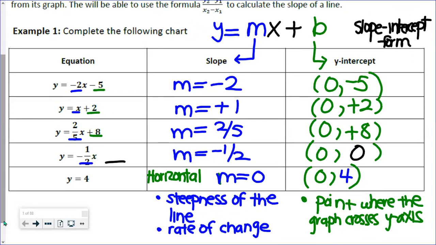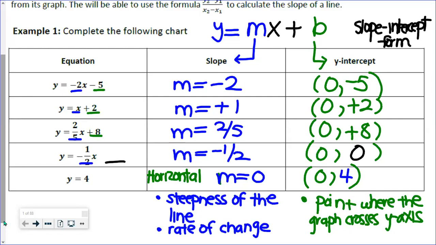So when the graph crosses the y-axis, the x coordinates of the point are all 0, but the y coordinates of the point are going to be my b term: -5, +2, +8, 0 in this case when we don't have a b. And we're going to talk about the last one in a little bit.